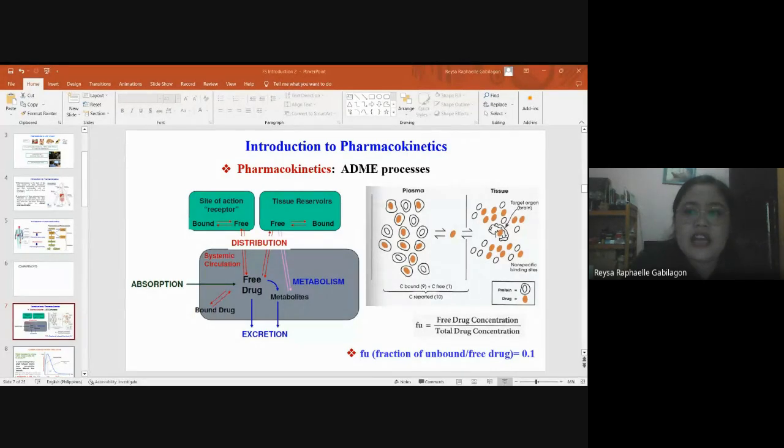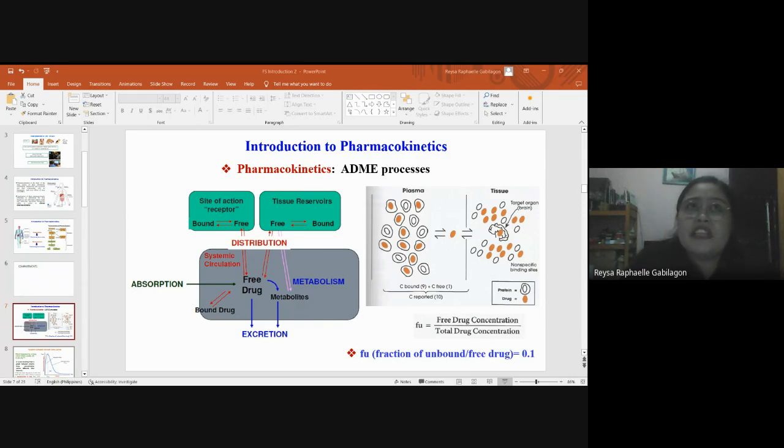So, the longer the half-life, the longer the time that the drug is eliminated from the body. And this is very important for the dosing interval, for us to know when we are going to achieve the steady state concentration of the drug and when the drug is being eliminated in the body.